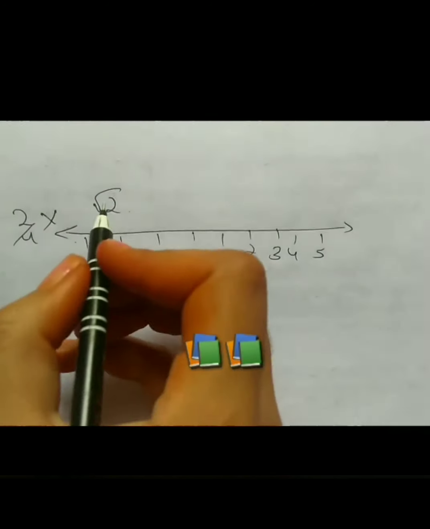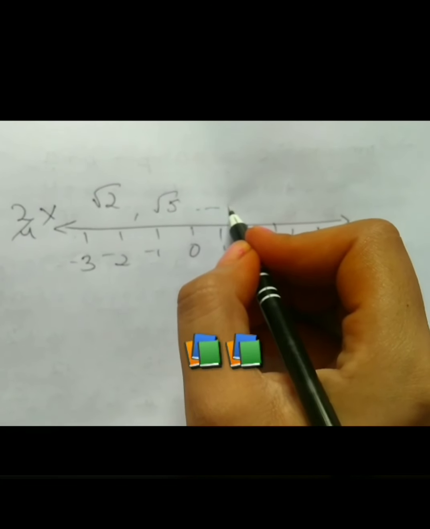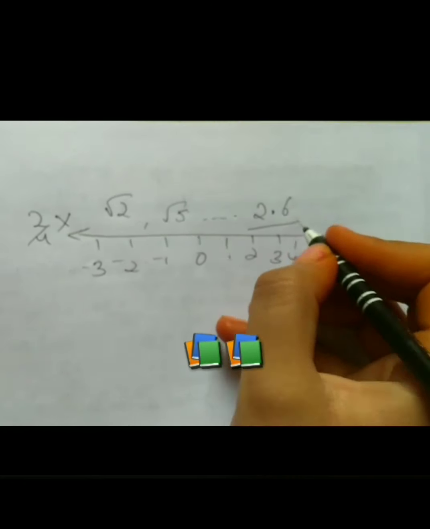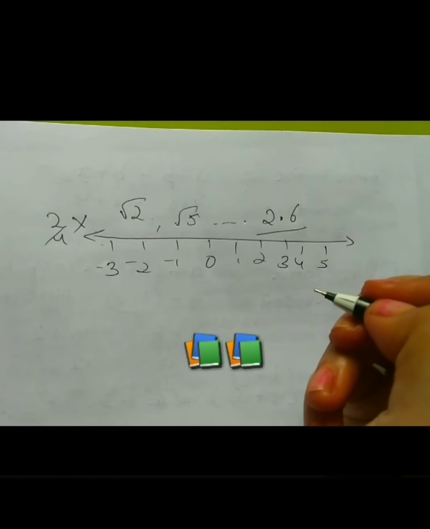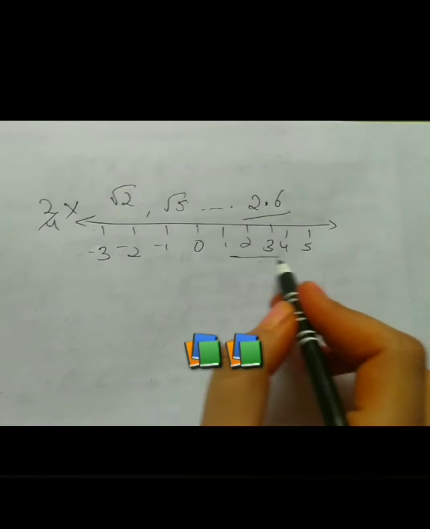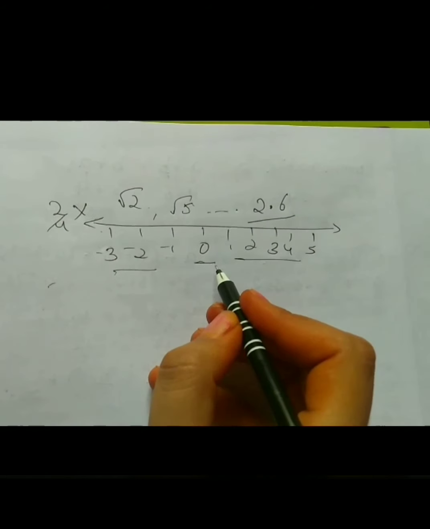Root 2, root 5, these are not included in integers. If we have some decimal numbers, these are also not included in integers. So what is included in integers? All positive numbers, all negative numbers and 0.